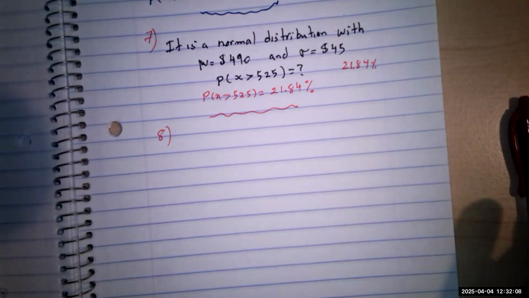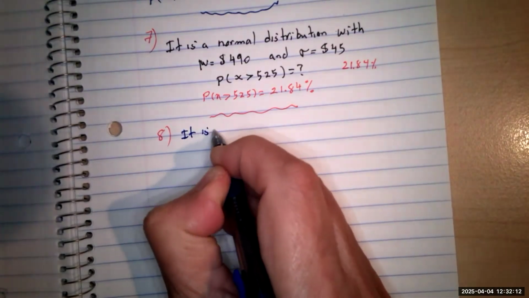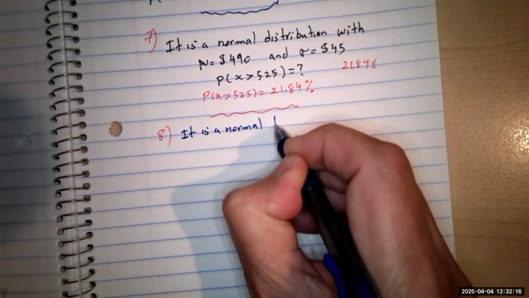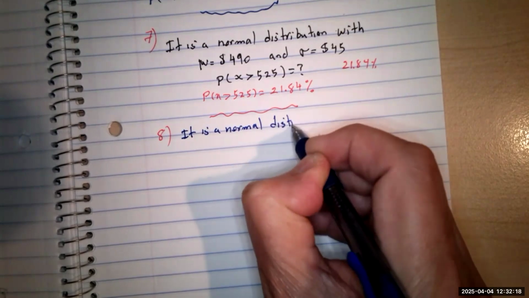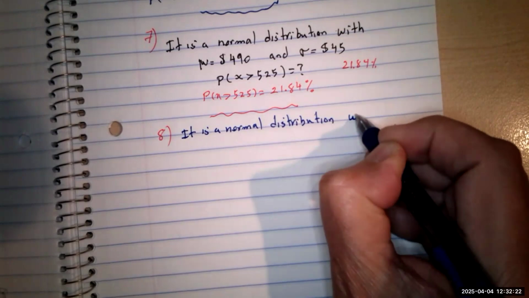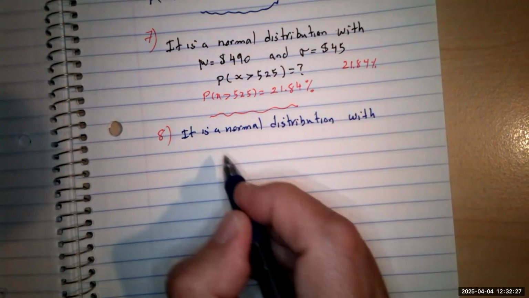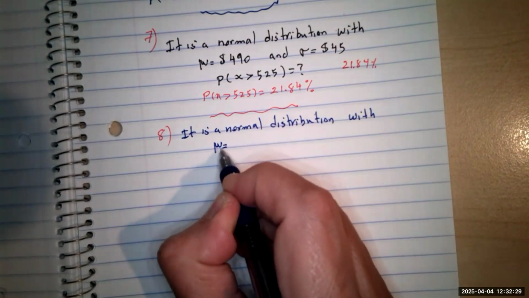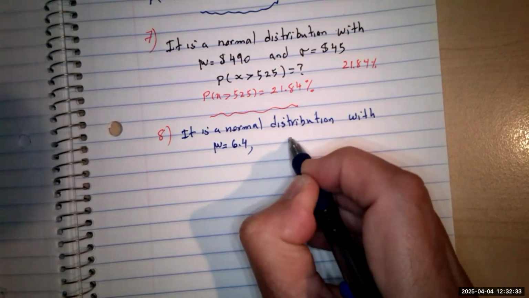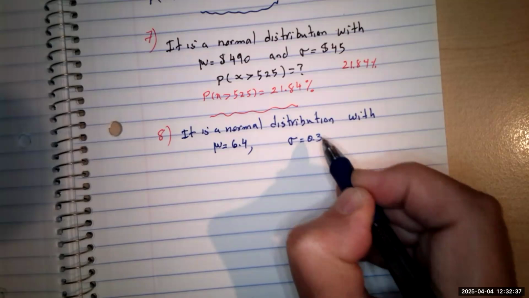Setting up the problem, it is a normal distribution with the variable X being truck weight. You have to explain this for us. The mu, the mean, is 6.4 tons, and the standard deviation is 0.3 ton.